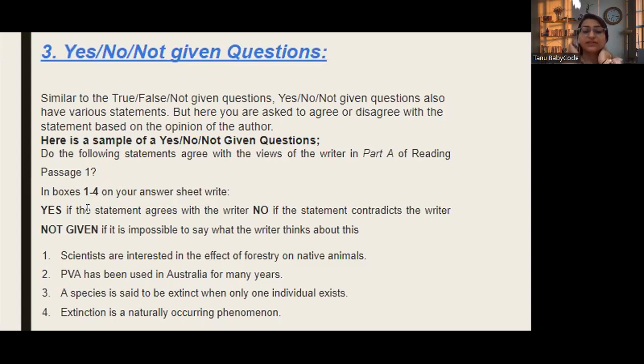So you can see that there are 4 questions. Once you have read all the statements, you have to go to the paragraph and see which statement is yes, which is no, and which is not given. I hope I'm clear.